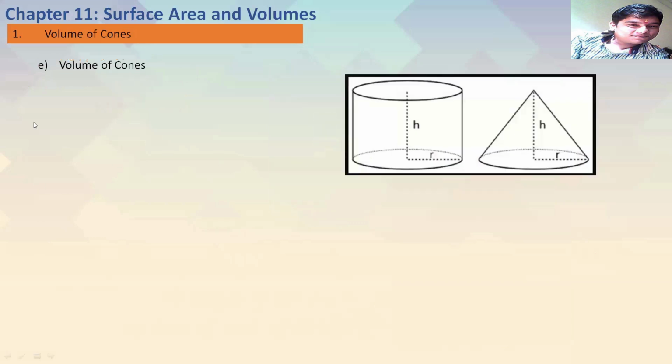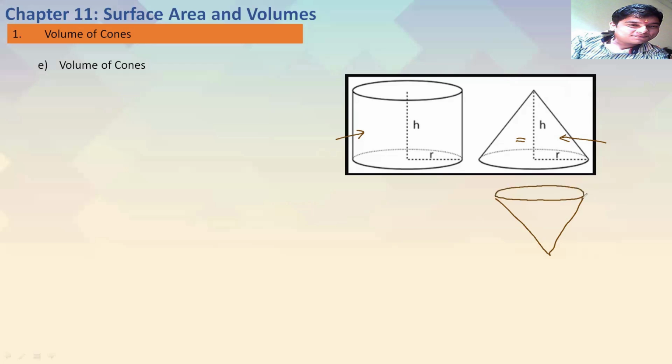Let us take a container which is cylindrical and a container which is conical. They have the same radius of base and same height. Let's draw this conical container inverted, so that we can put some fluid in this.